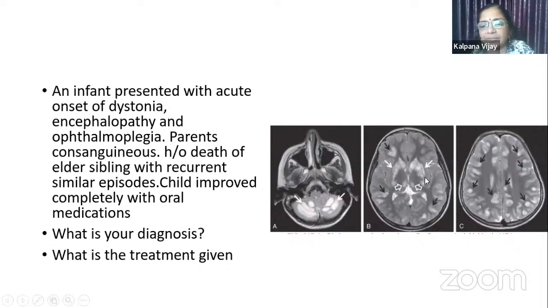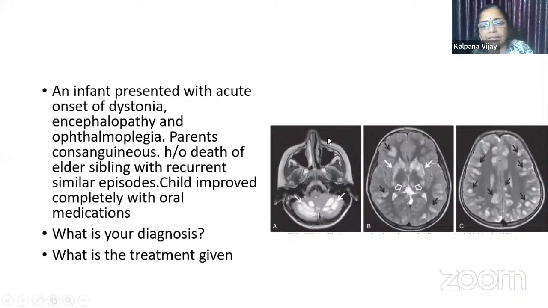This picture is also from Nelson. That is why I have put this. This is not a very common condition, but we have had cases. There is hyperintensity of the basal ganglia, that is the caudate nucleus and the putamen. Then there are bilateral thalamic nuclei, and you can see it in the cortex and also in the cerebellum.